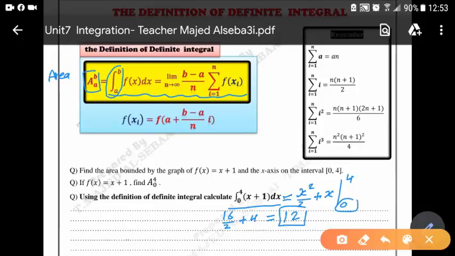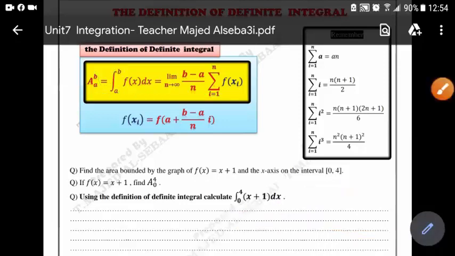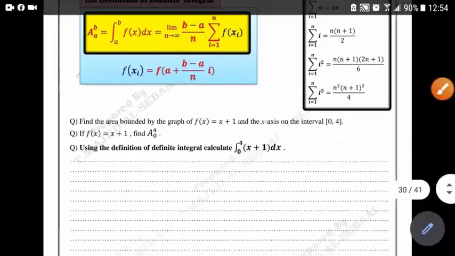It is the area of the function that is bounded between the graph of the function and the x-axis on some interval. Let me just clean this so I can have more space.